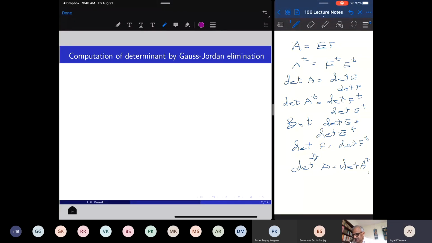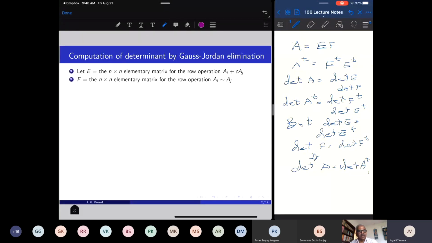I showed earlier how to calculate the inverse of a matrix by converting the given matrix into row canonical form. In the augmented matrix, we put the identity matrix by the side of A, apply row operations, and convert A into the identity matrix, and then the other matrix becomes the inverse of the matrix. So this method leads to computation of the determinant also. Let us understand that.